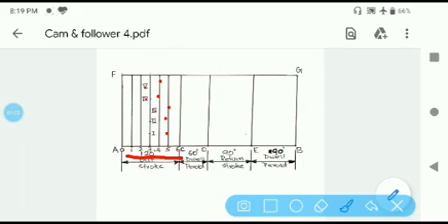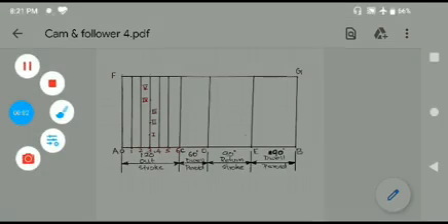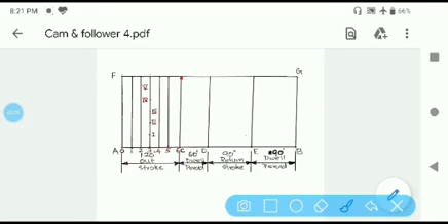In the outstroke region, each point of division you mark from 0 to 6, like we had done in the previous case. After that, you mark this particular point as small f.